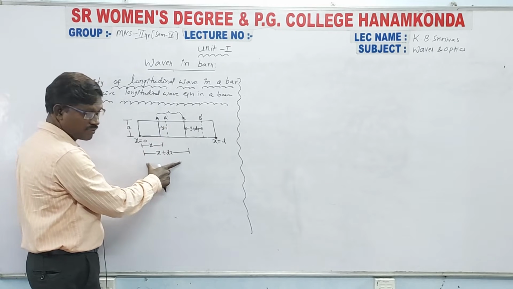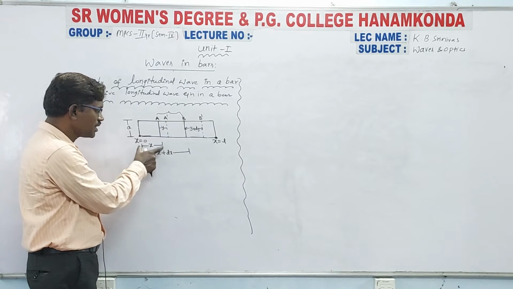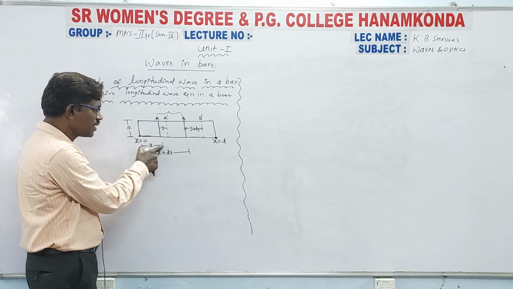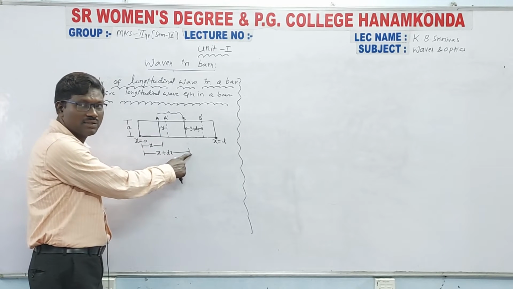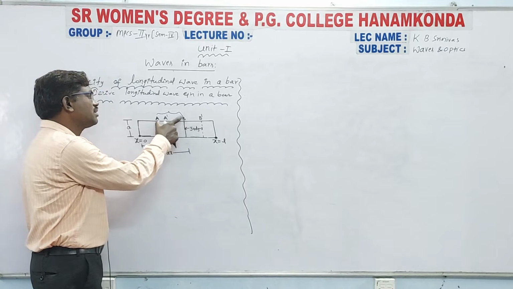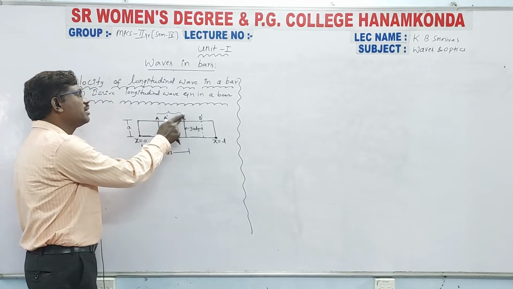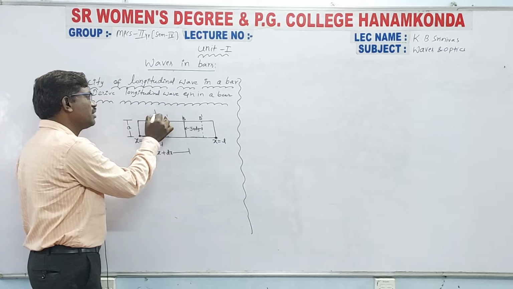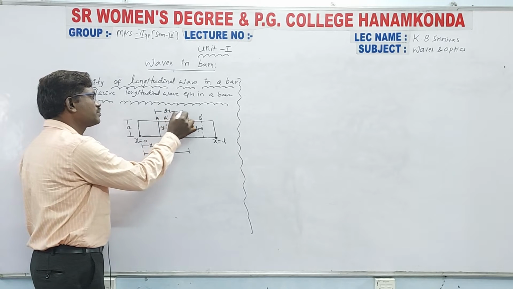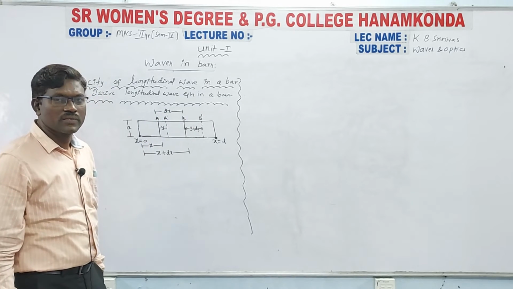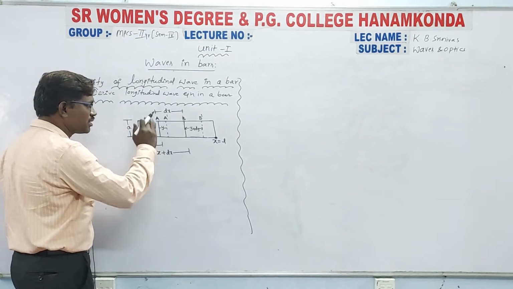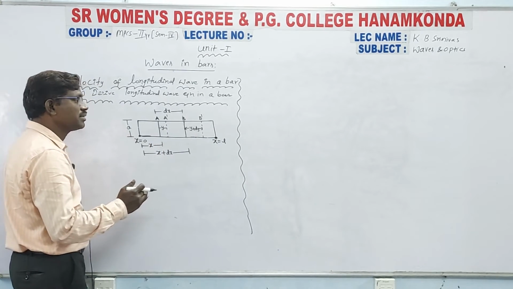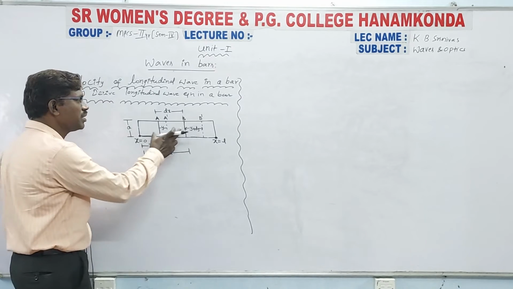Just to see the values in the diagram, this is x, A is at x distance, B is at x plus dx distance. Therefore, the length of this element will be dx. This distance is definitely equal to how much? dx only. Clear? Right, very good.